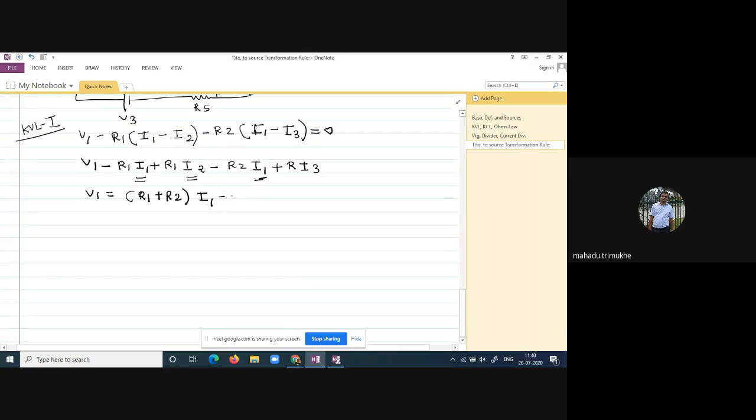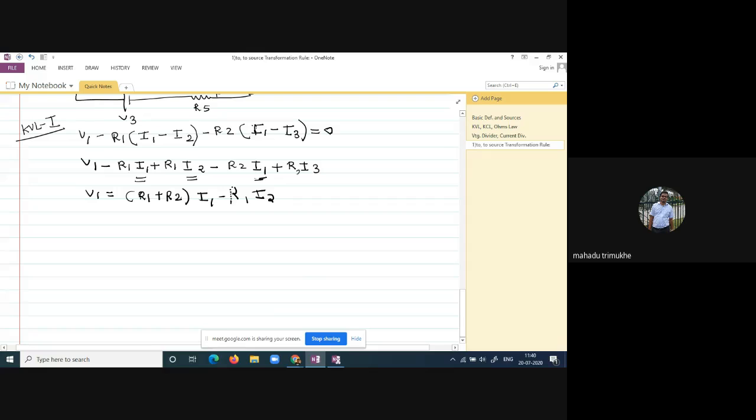Different methods are there. Okay, then minus R1 I2. Again here, say I3. Okay, here I2, R2 is there.